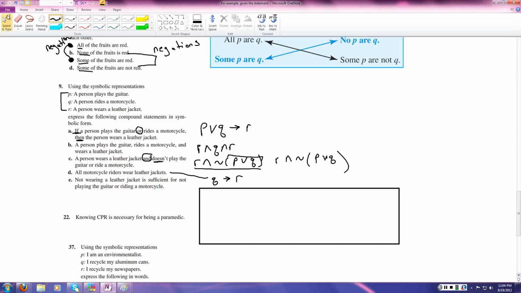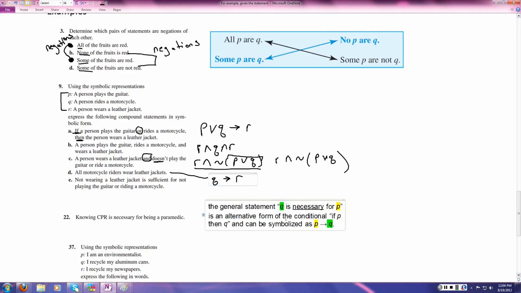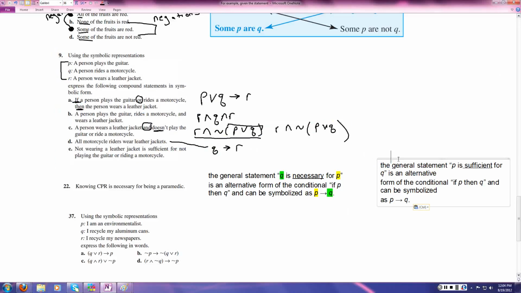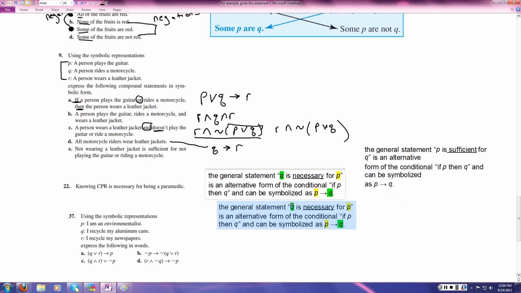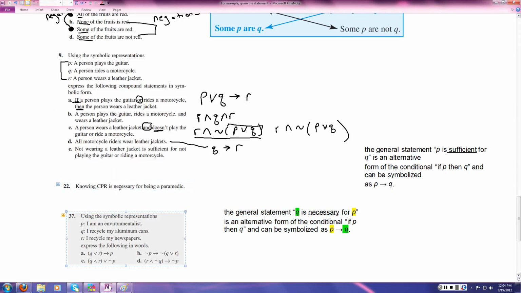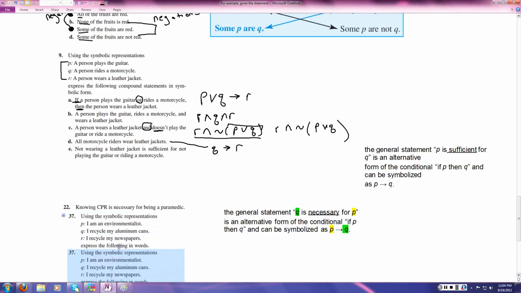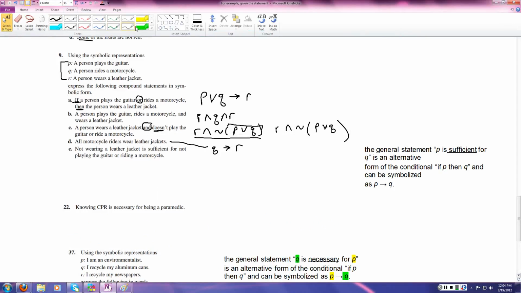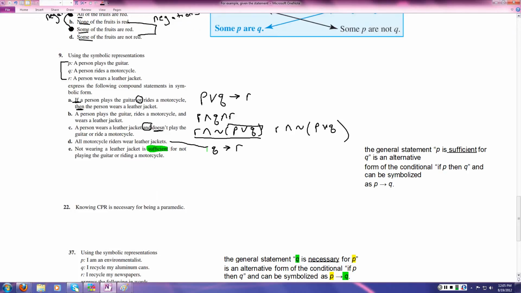Remember sufficient and necessary. So if I'm looking at E and I say this is the word sufficient, remember sufficient tells me that it's going to be the same: P, Q implies P, Q. I like to remember it as sufficient, same, so my order is going to be the same as it is in the sentence.